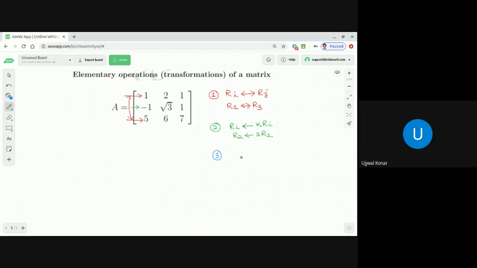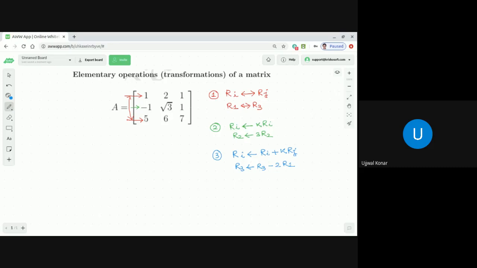I can say that the new Ri is the old Ri plus k into Rj, where k is a scalar. That means, if I write, for example, that my new R3 is R3 minus 2 into R1, what does it mean?